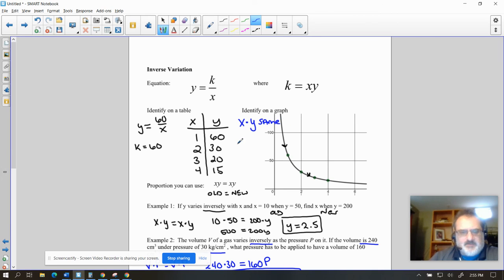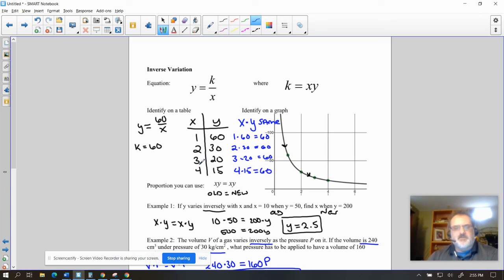So let's check it out. 1 times 60 is 60. 2 times 30 is 60. So it's all going to be 60. 3 times 20 is also 60. And 4 times 15, believe it or not, is 60.